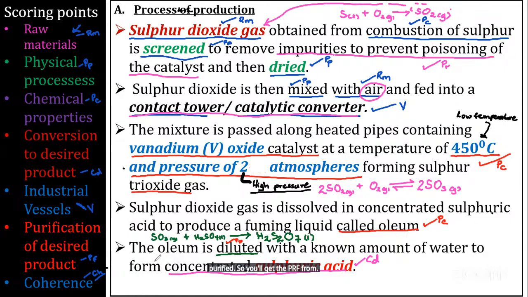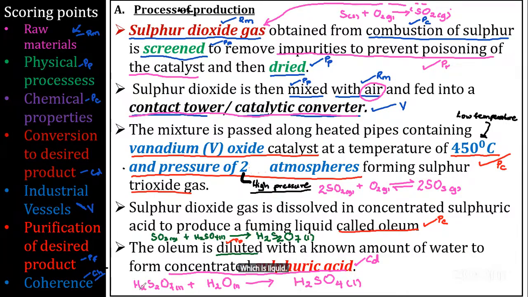Last equation, for those who would love it, our oleum H2S2O7 in liquid reacts with water, because we have added water there. The product is going to be sulfuric acid, which is liquid.